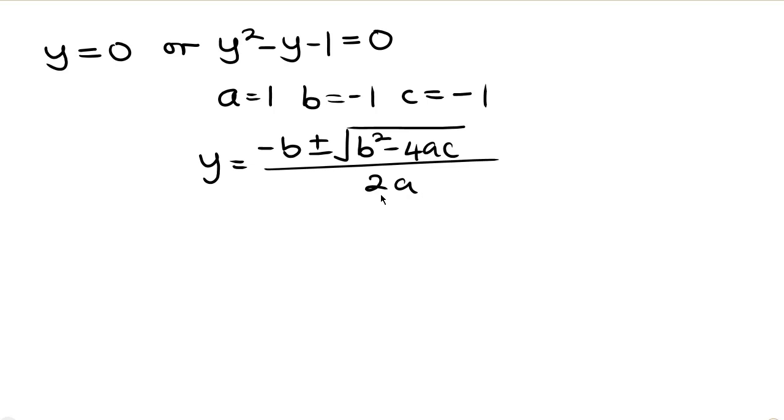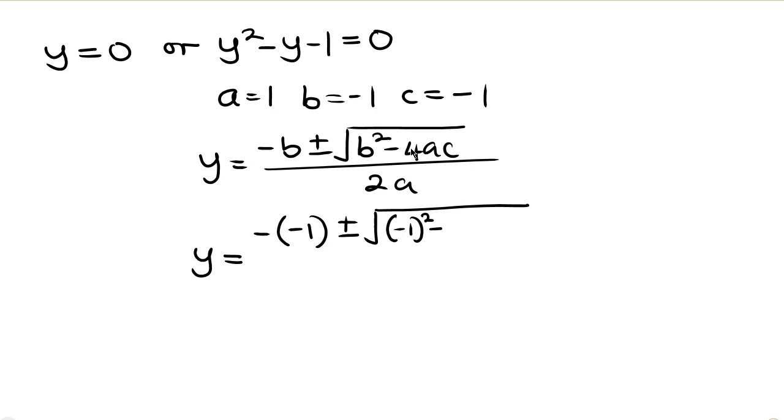So now let's substitute into our quadratic formula. So this gives us y equal to -b, b is -1, plus or minus the square root of b squared, so that's -1 squared, minus 4 times a times c, that is 4 times a is 1, times c is -1, all over 2 times a, that is 2 times 1.